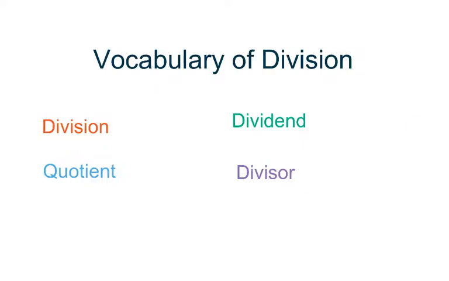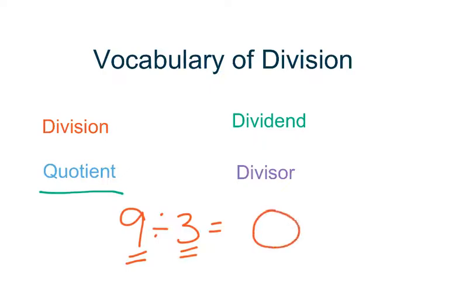The next word we're going to talk about is called a quotient. The quotient is the answer when you divide. So if we have the problem 9 divided by 3, we have 9 items. We're dividing it into 3 equal groups, 1, 2, 3.